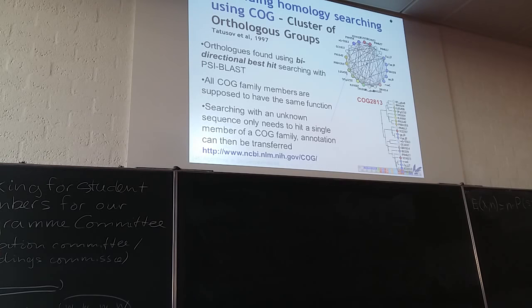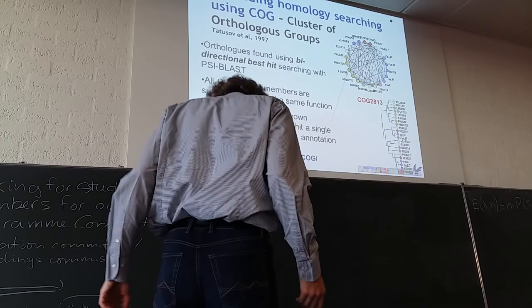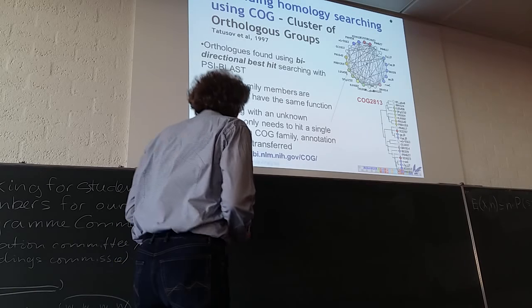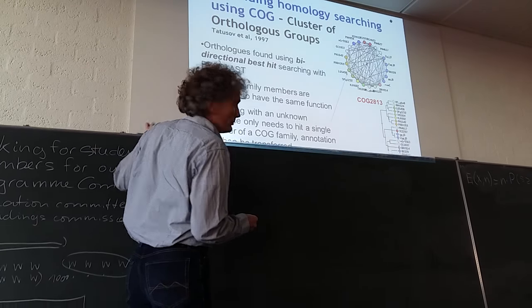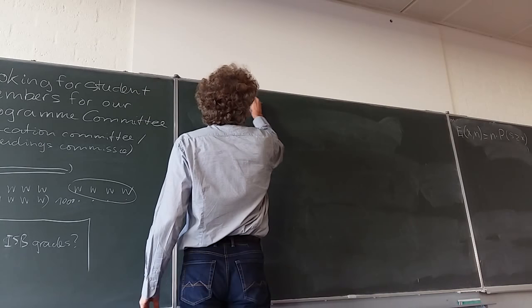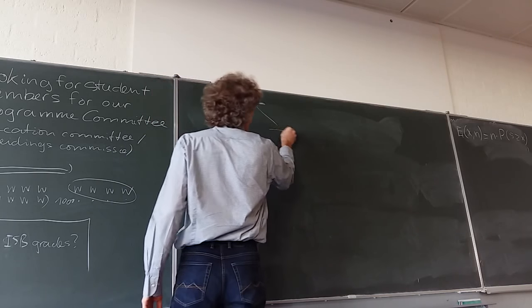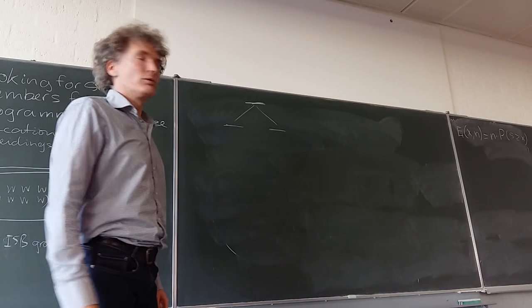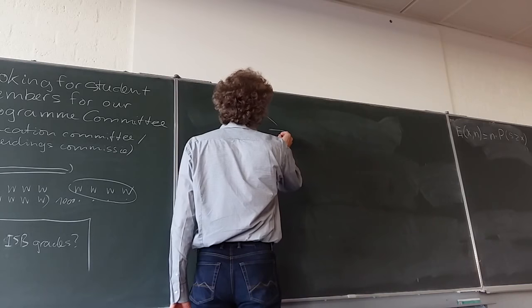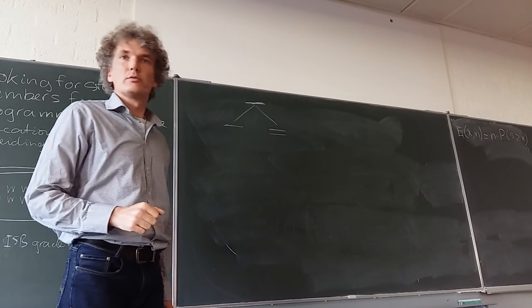So suppose you have an ancestral gene, which ends up in two different species, right? And then in this species it's actually duplicated.